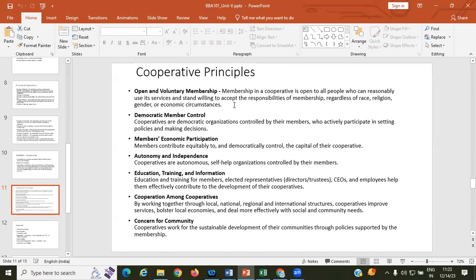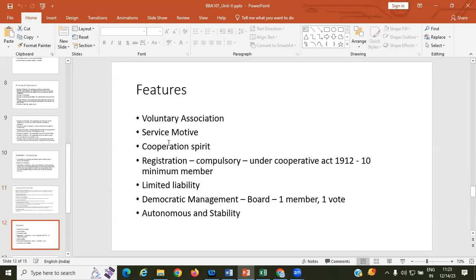Cooperation attitude and your motive, your concern about the society and social activities, different social activities. These are the principles of cooperative society.